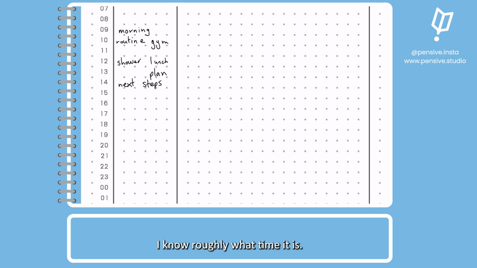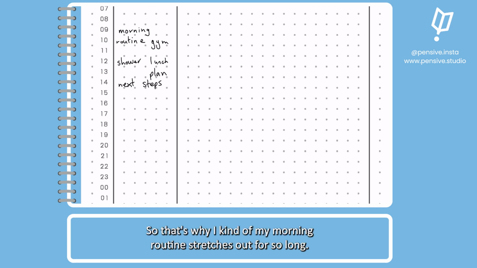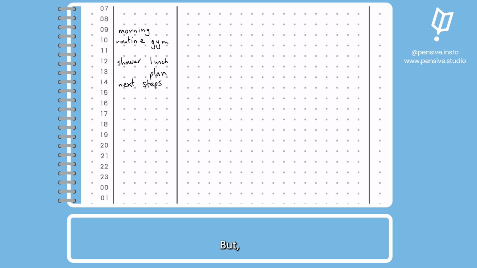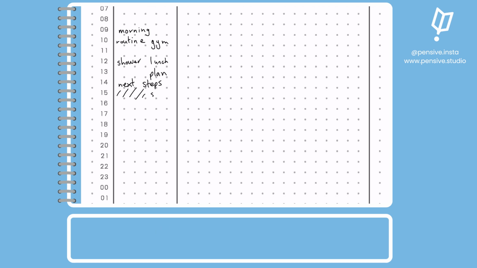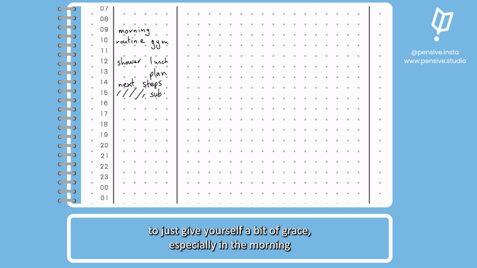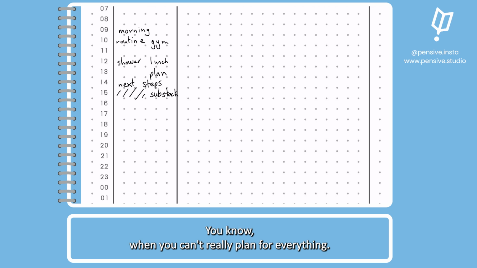I know roughly what time it is, so that's why my morning routine stretches out for so long. But the other activities I do are quite fixed, I think. When it comes to the morning routine, I know what I'm doing and roughly when. But that's the whole point of the routine planning page, to give yourself a bit of grace, especially in the morning and in the evening, when you can't really plan for everything.